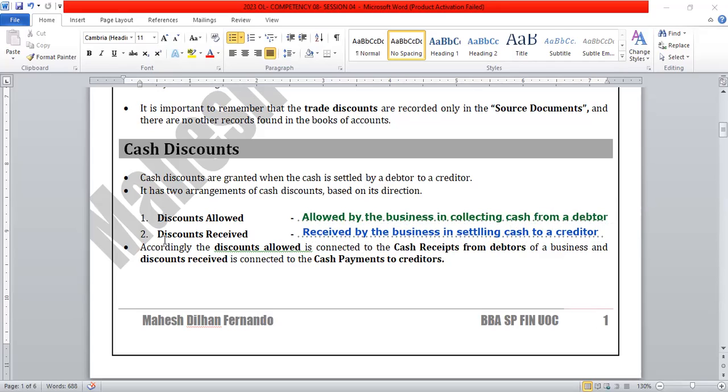It tells you, accordingly, discounts allowed is connected to the cash received from debtors. Discounts allowed is connected to what? Cash receipts. Why? Discounts allowed is given by the business at the point of collecting cash from the debtors. And the discounts received is connected to the payment of cash to creditors.